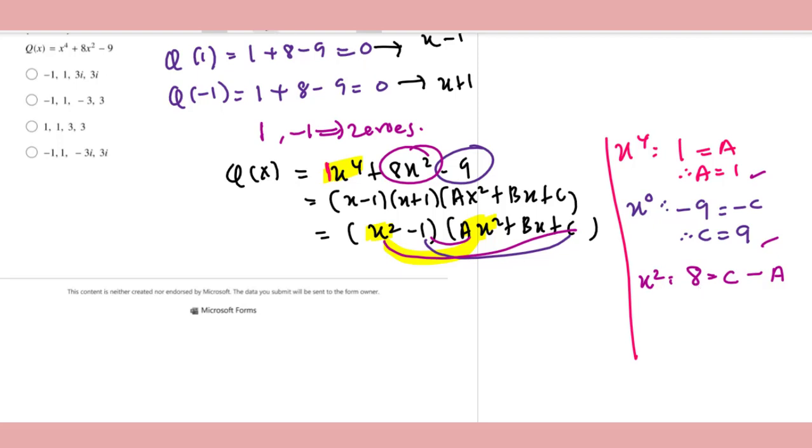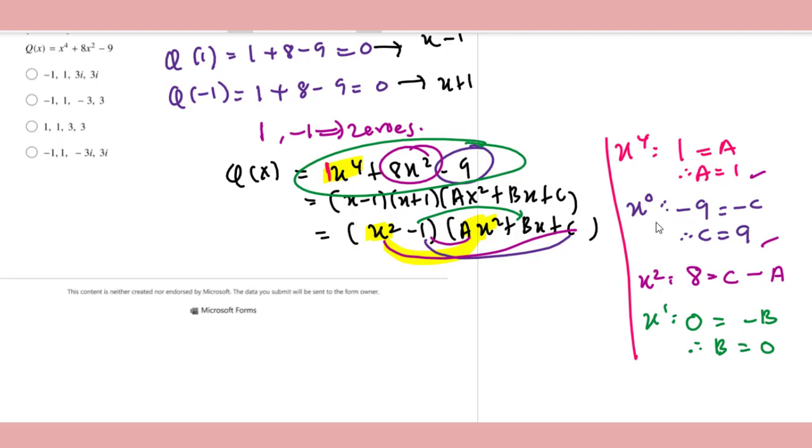So try to find the coefficient of x to the power 1. Here there is no x term, so the coefficient is 0. Negative 1 times this one, so negative b. Therefore b is equal to 0.